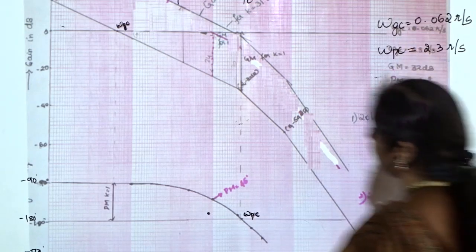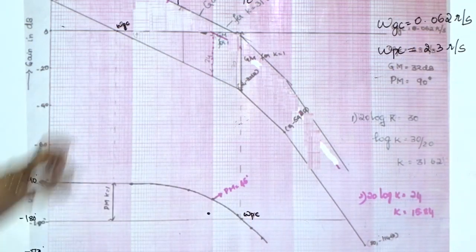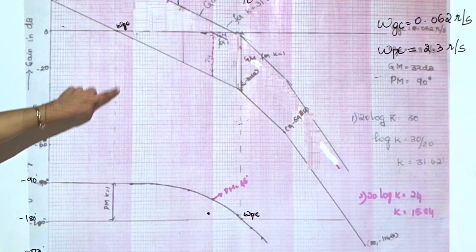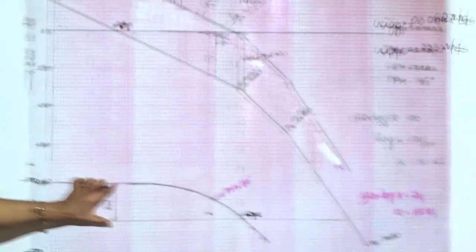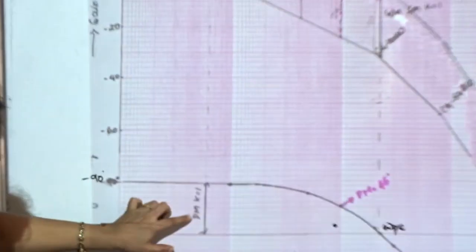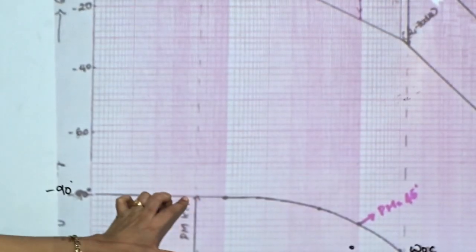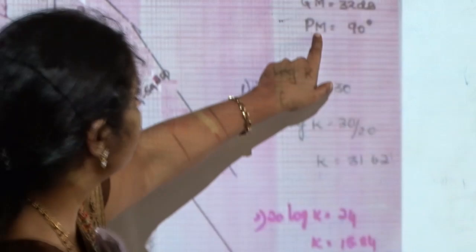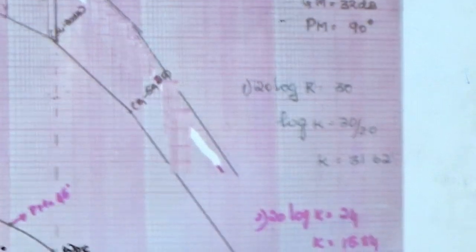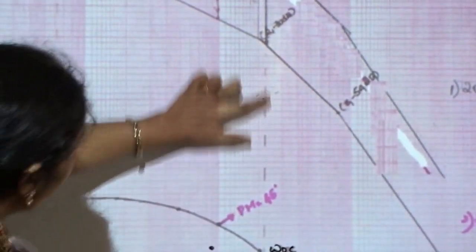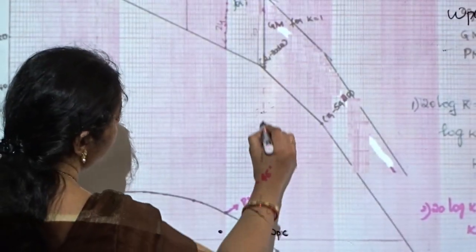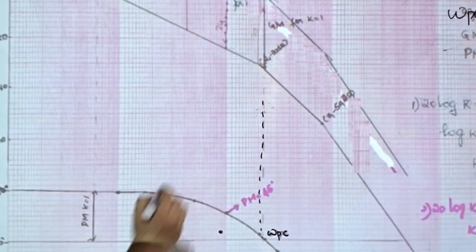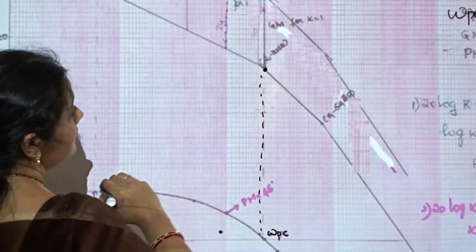Now at GC, what do we get? Phase margin. Put dotted lines, see where the dotted line touches this. What is the difference between these 2 points? For K equal to 1, your phase margin will be 90 degrees. At this point, take it up using a scale, go up like this, and it meets this point here.